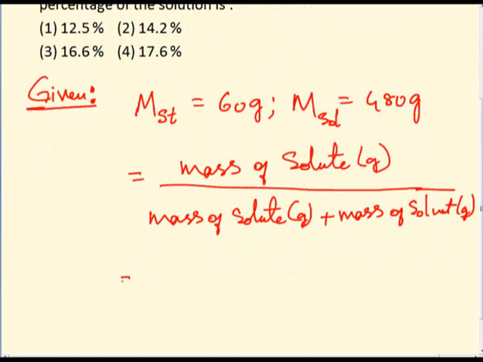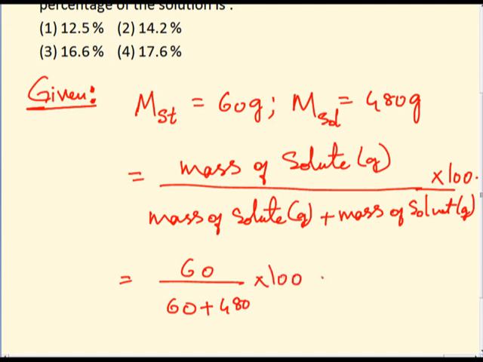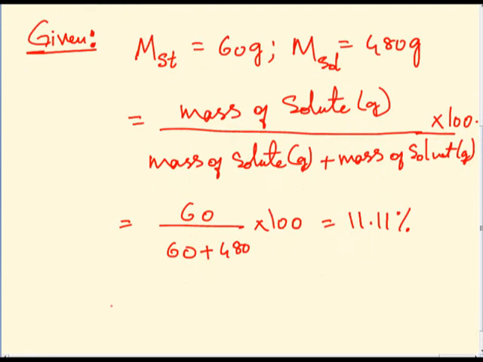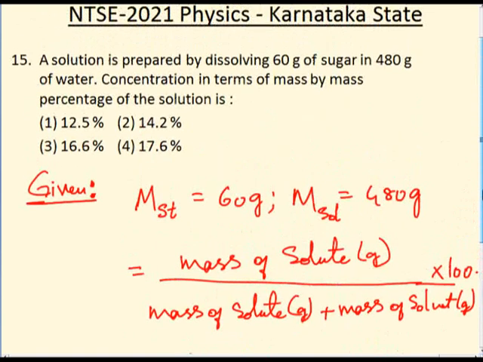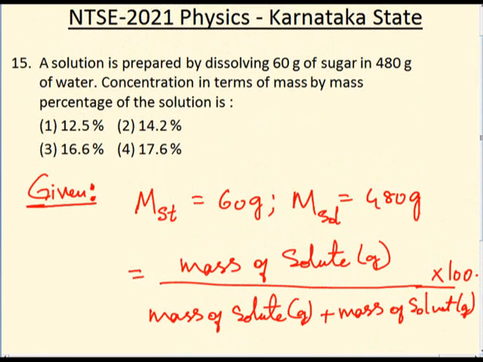So this is a direct question, students. This is expressed in percentage. So 60 divided by (60 plus 480), into 100, which gives you around 11.11%. So the answer over here is 11.11%.